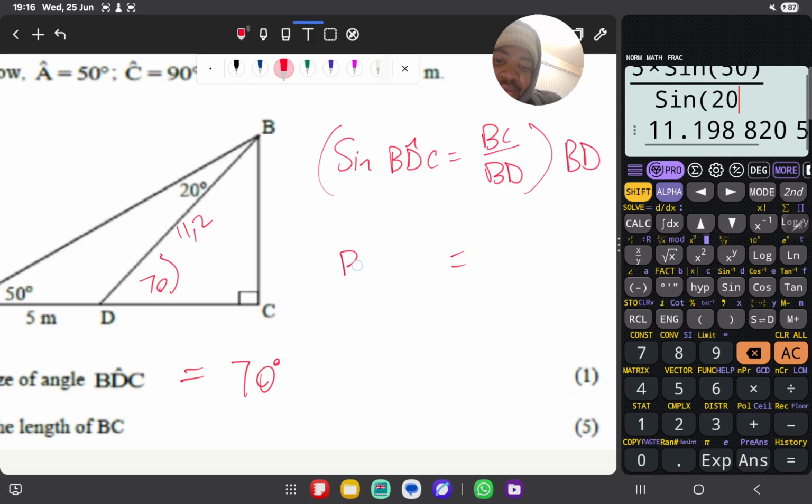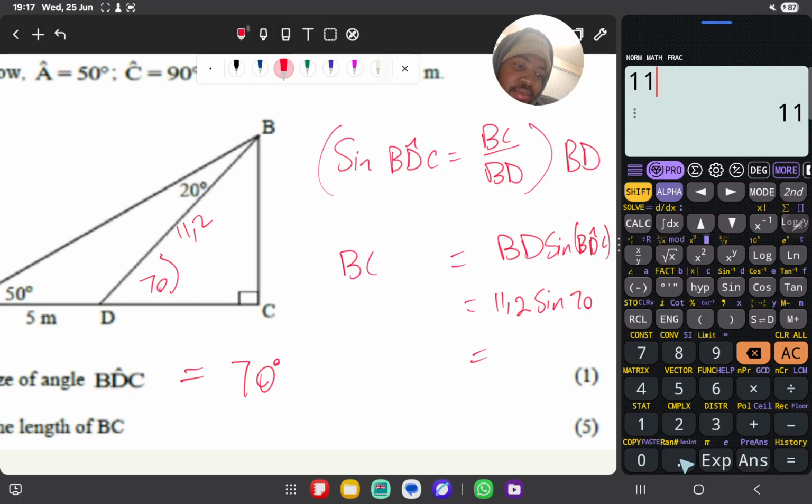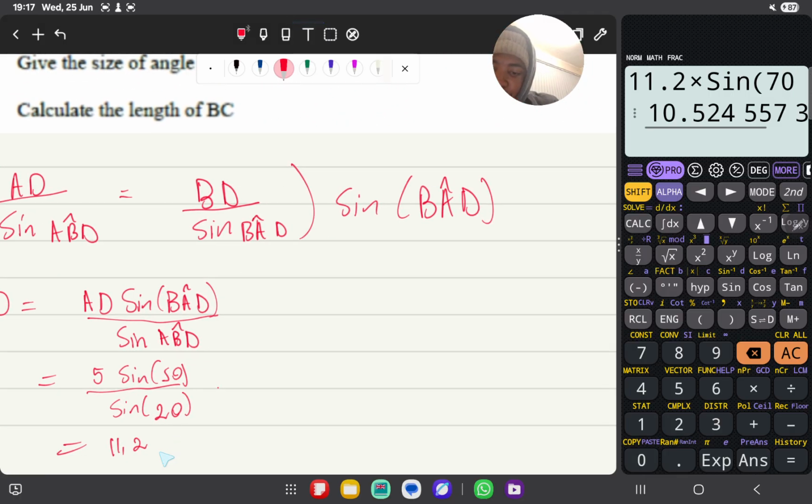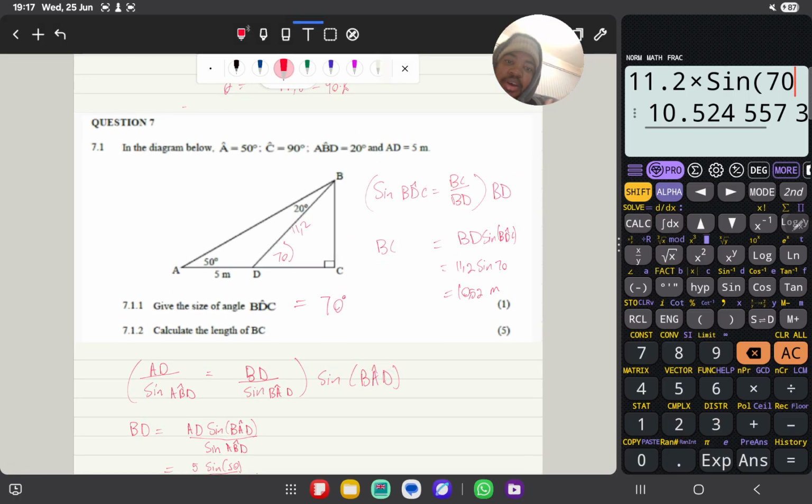Therefore BC equals BD sine BDC, that is 11.2 multiplied by sine 70, which gives 10.52 meters. Here I should put meters. Then you have your answer.